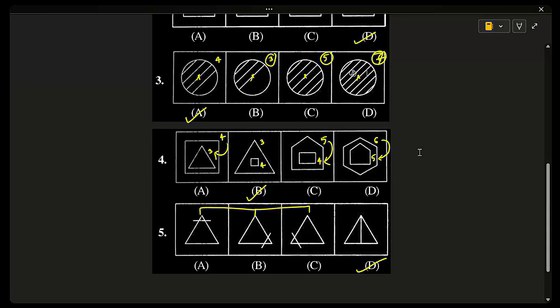You count the number of lines: 4 lines, 3 lines, 5 lines, and 7 lines. 3 is an odd number, 5 is an odd number, 7 is an odd number, but 4 is an even number. So the only odd one out is option A, right? I hope you understand the number of lines I counted, and we can find even and odd. The only even number is option A.